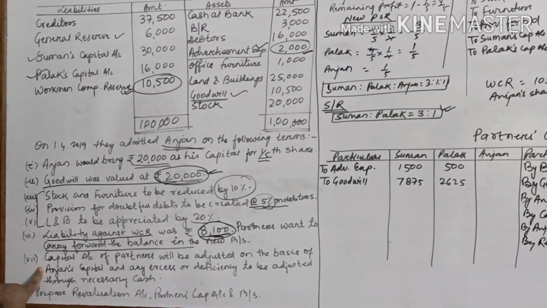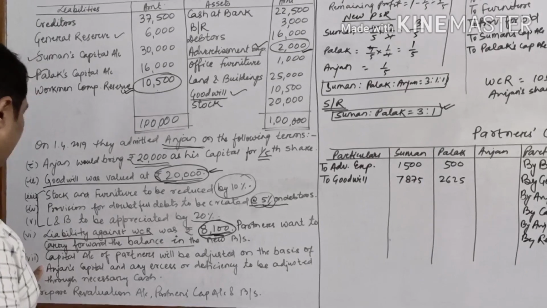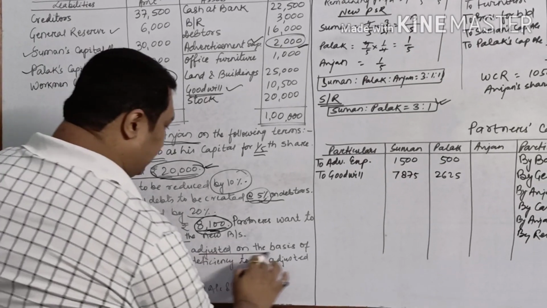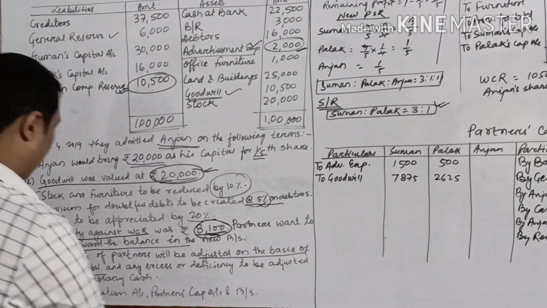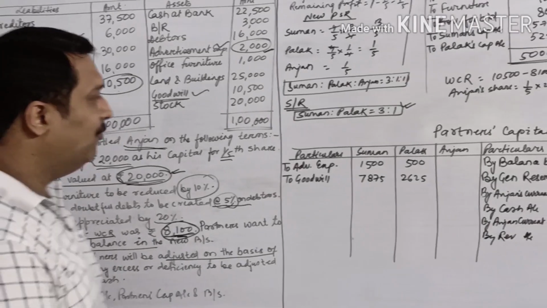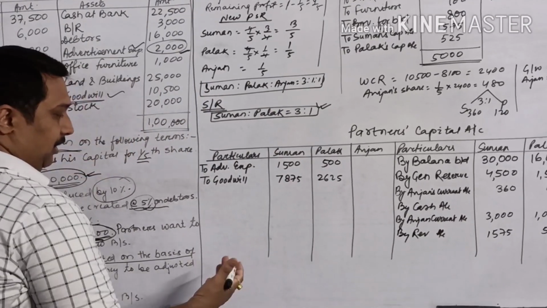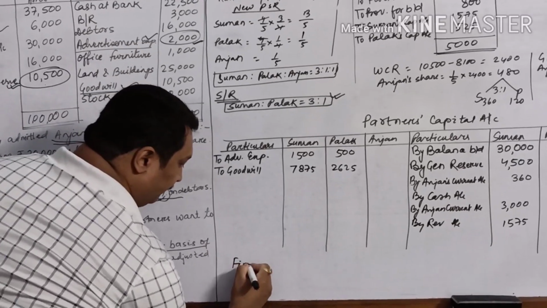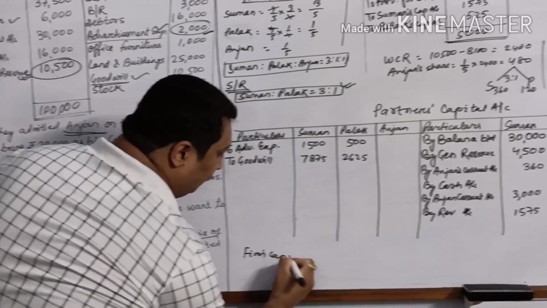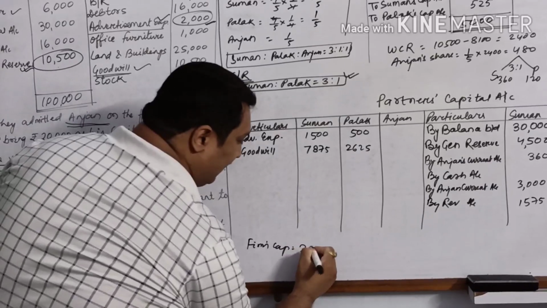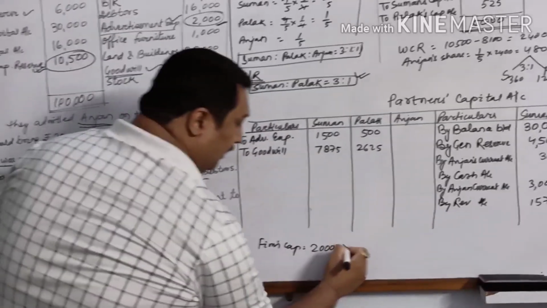Now there is a need of capital adjustment. The question has clearly said that they want to adjust their capital on the basis of Anjan's capital. Now how much is Anjan's capital? We will take out the firm's capital. Anjan has brought 20,000 as his capital.